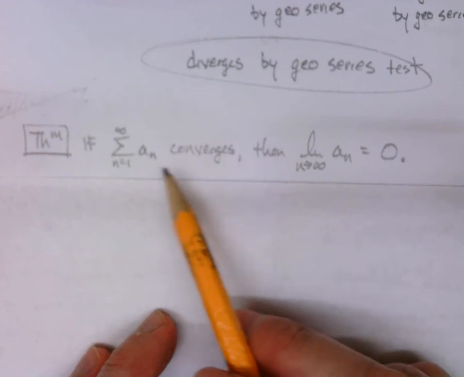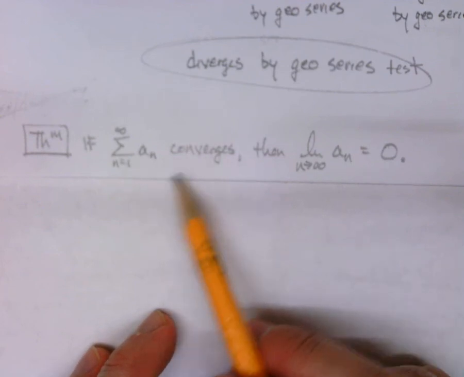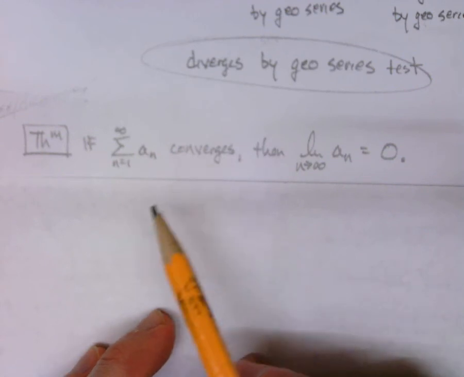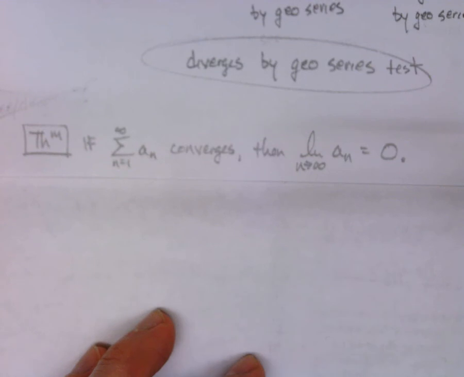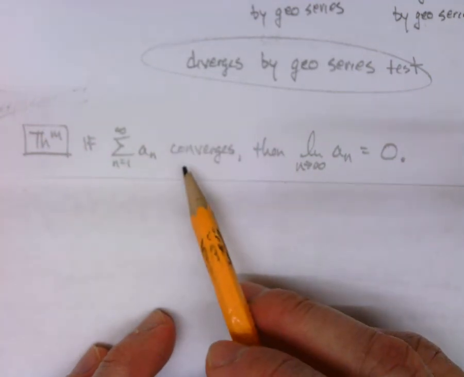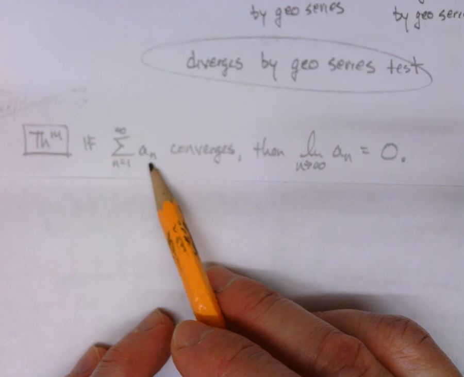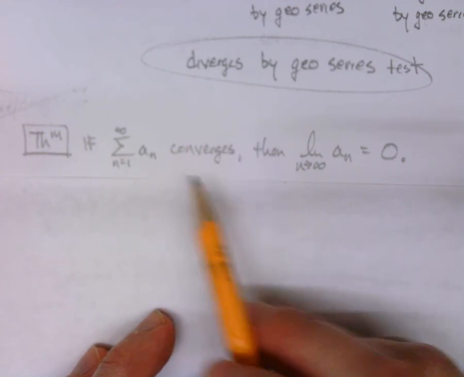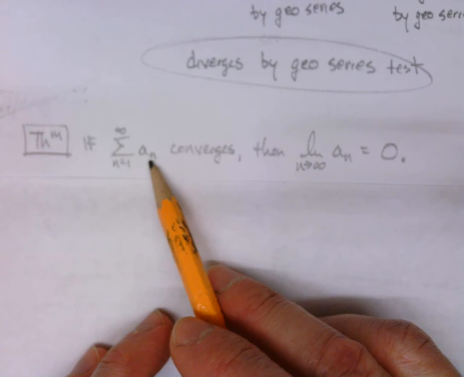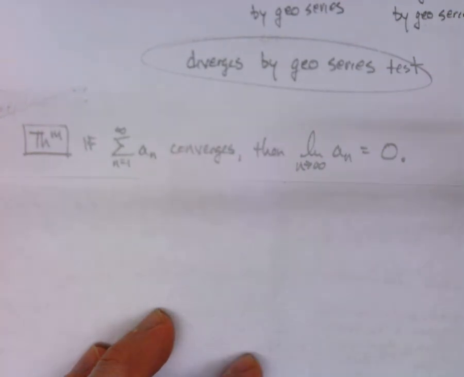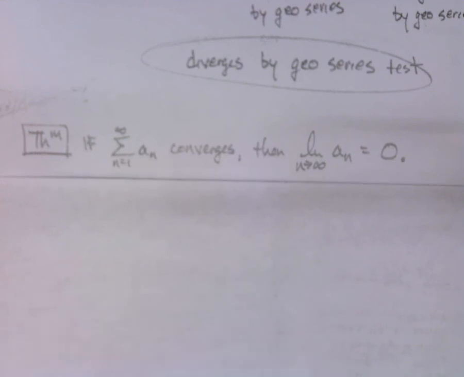What's going on is if a series converges, that means as I add up all infinitely many terms, they have to level off to a particular value, right? So that means each term in the sequence as it gets bigger and bigger, that's got to be getting smaller and smaller, so that as I keep adding them up, it's leveling off to a single value.